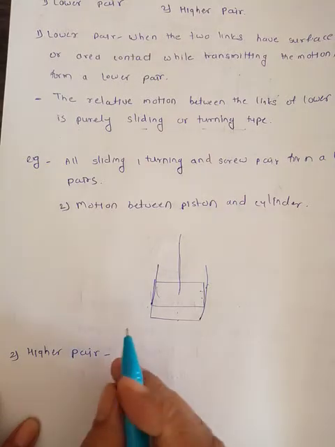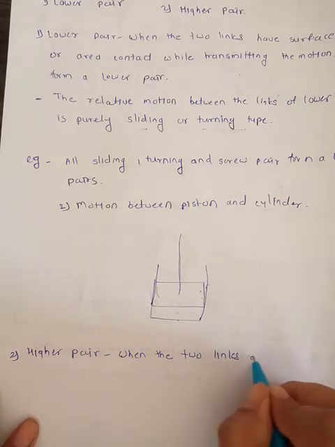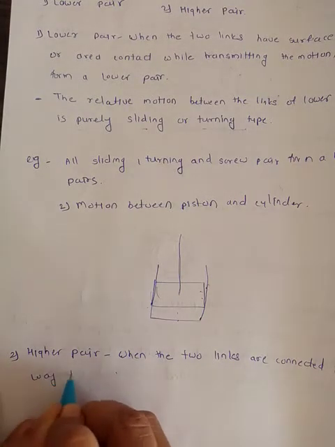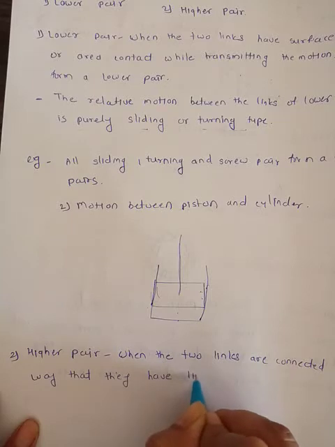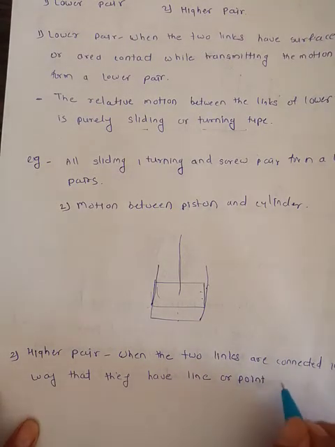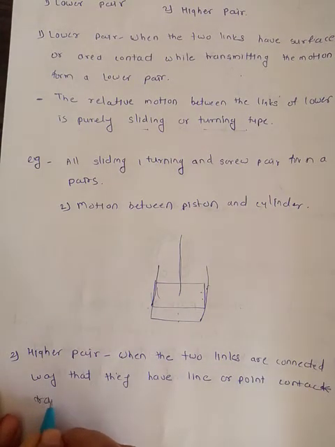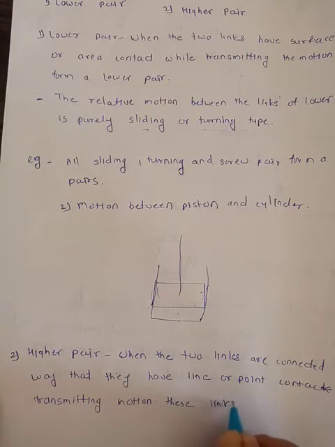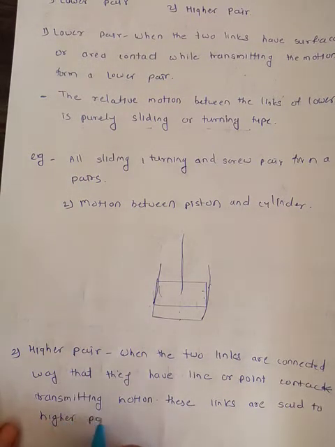Higher pair: when the two links are connected in such a way that they have a line or point contact while transmitting the motion, these links are said to be a higher pair.